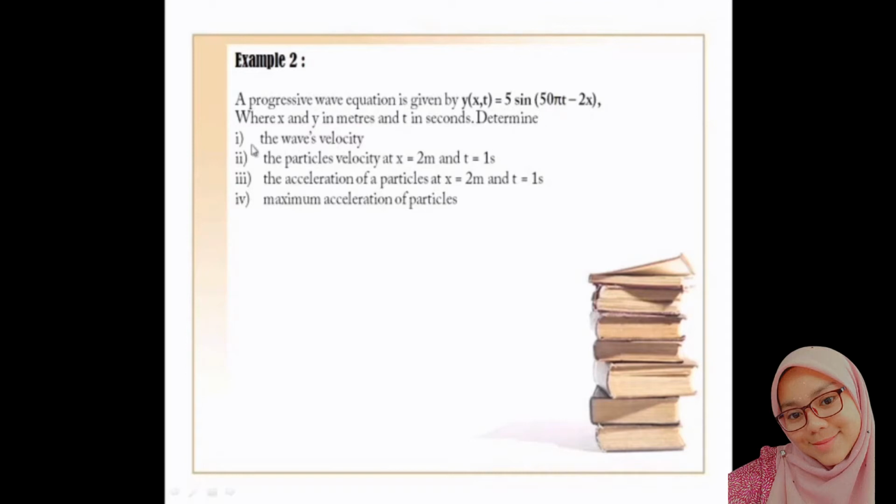So determine the wave velocity, and then the particle's velocity at X equals 2 meter and T equals 1 second. And the next, the acceleration of the particles at X equals 2 meter and T equals 1 second. And the final, calculate the maximum acceleration of the particles.